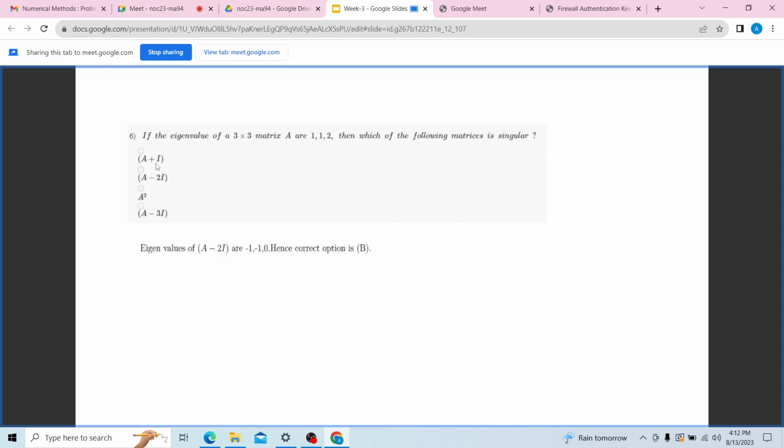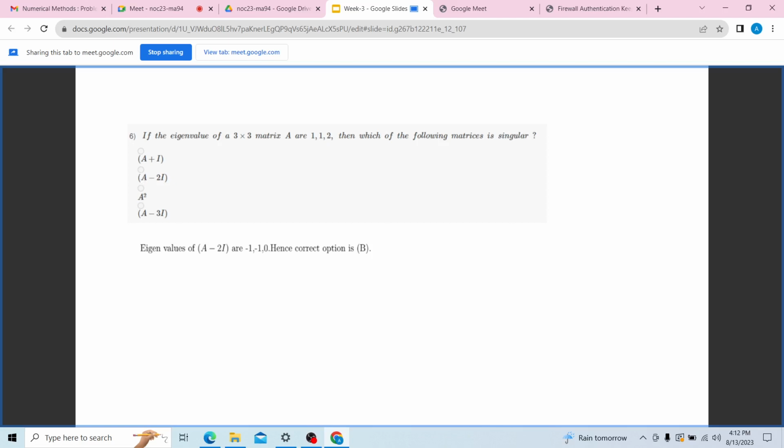So for A plus I or A square or A minus 3I, the determinant values will not be 0. But for the second option, A minus 2I, its determinant is 0.